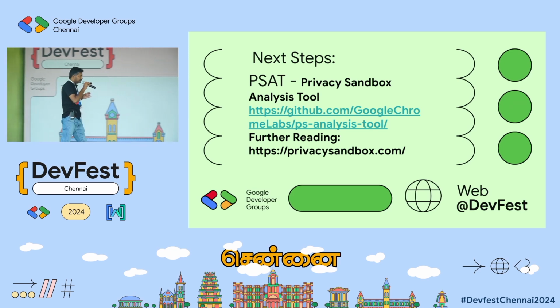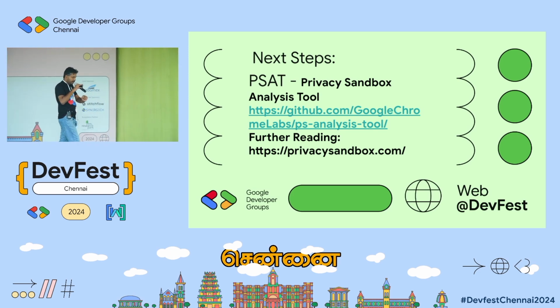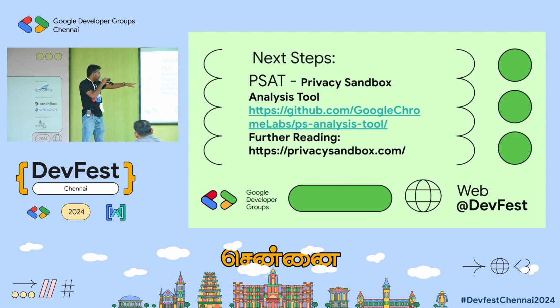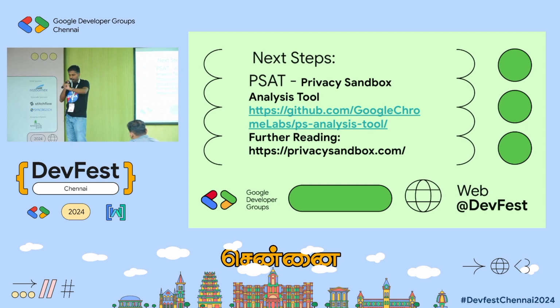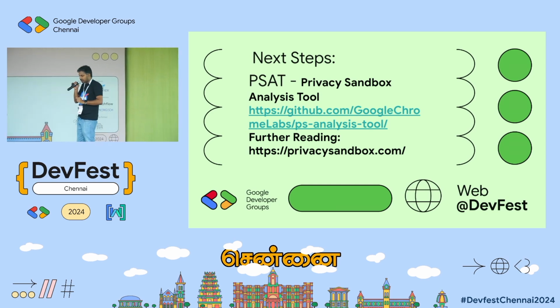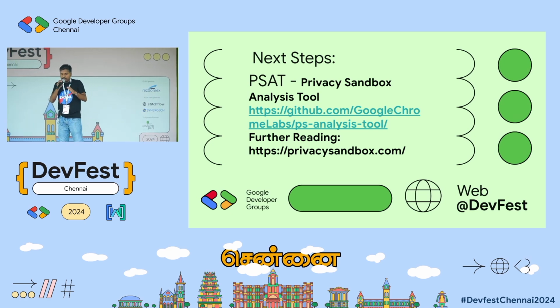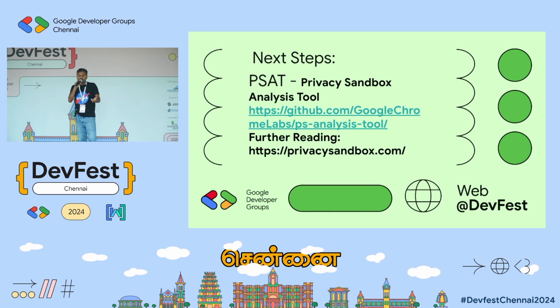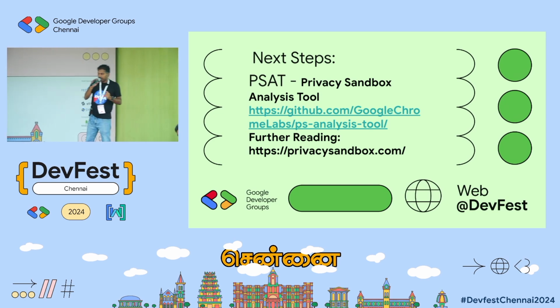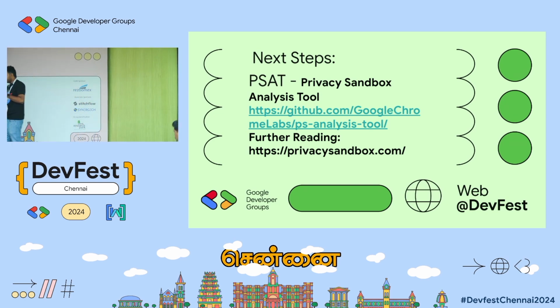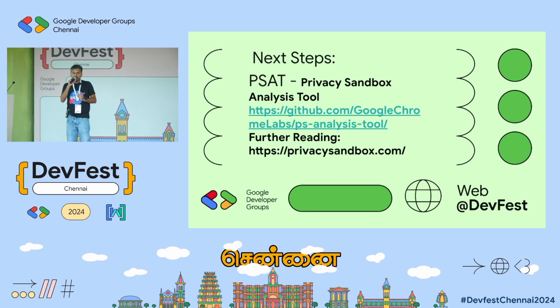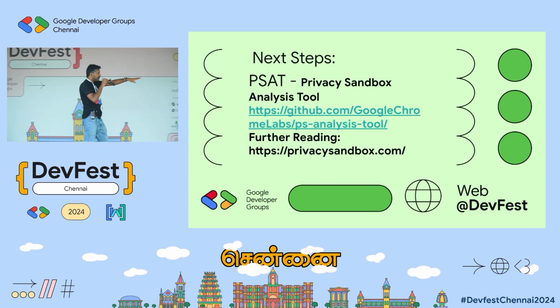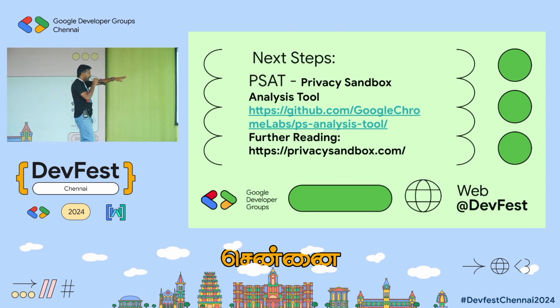So for further reading, as a developer, what we can do is this: ideally this is the proposal, where the third party cookies will be disabled. When the third party cookies are disabled, it's not just for tracking, right? There can be other functionalities that may depend on third party cookies. First, as a web developer, our aim would be that none of the functionalities will be broken. For which Google has actually released this PS analysis tool.